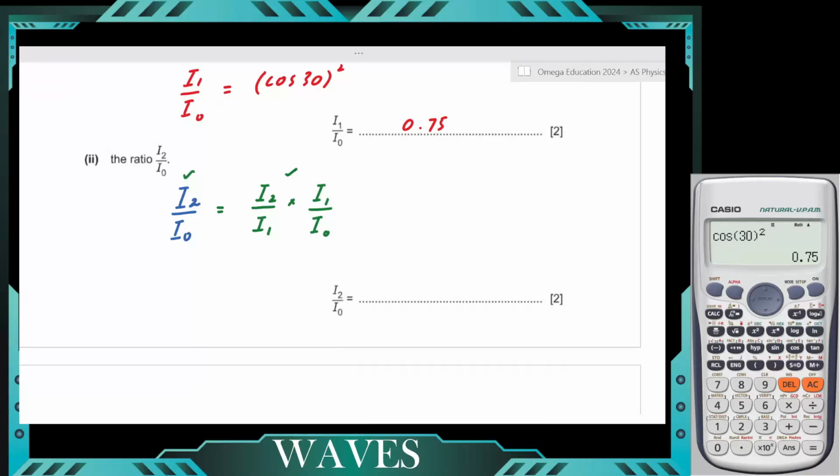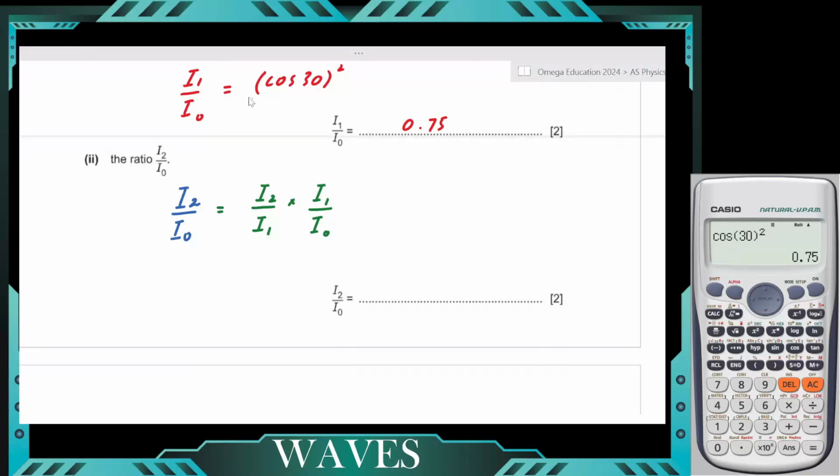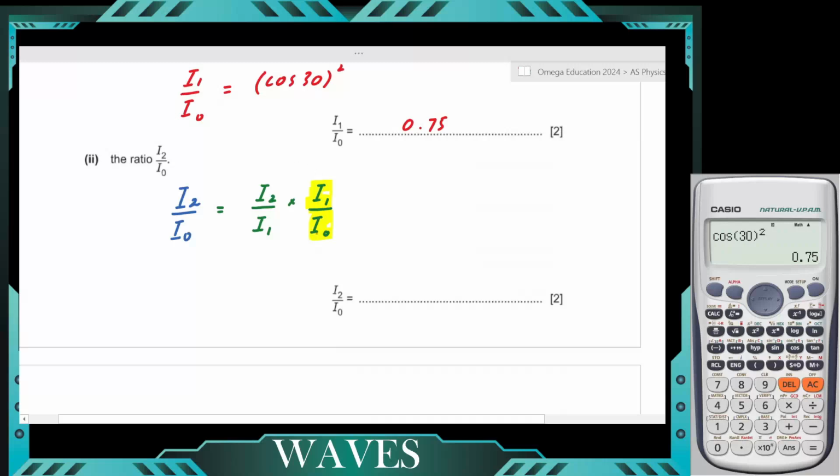We can find the intensity ratios of each filter, each analyzer, separately. Because if you simplify this, I1 and I1 would cancel out and you'll be left with the same thing. We already have the ratio I1 over I0. How much is that? It is 0.75. We just calculated it in the first part. So we write 0.75 over there.